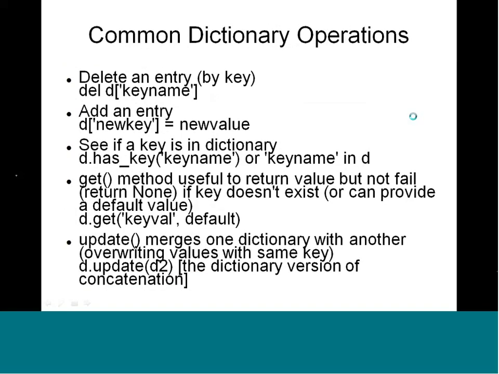Now let's look at some of the common operations that we can do in a dictionary. We can delete an entry by using del followed by D and then the key name.